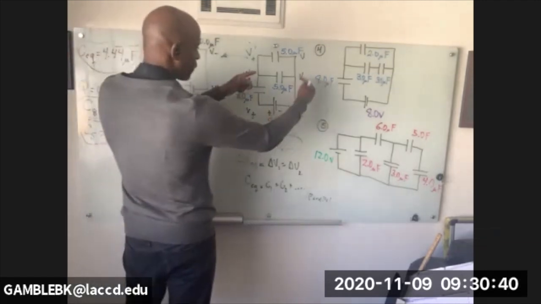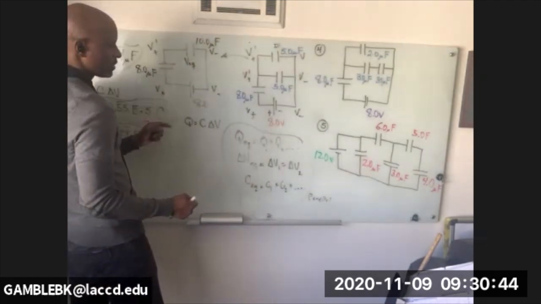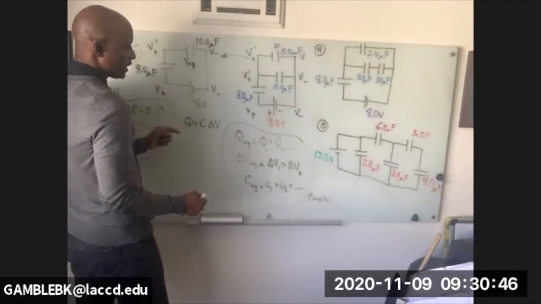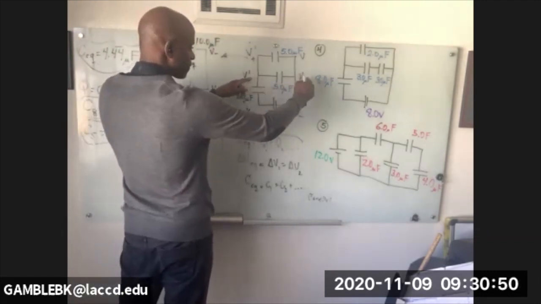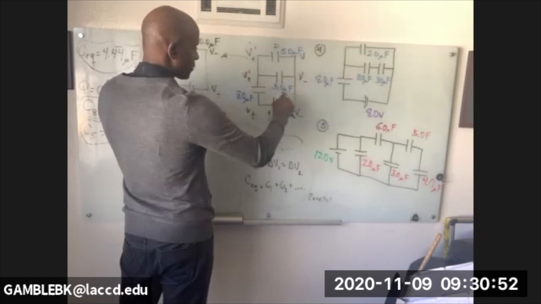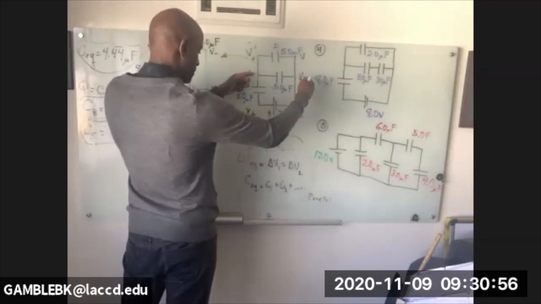But I know that the voltage is the same across each capacitor. That was the first thing that I determined. So in this capacitor, the charge is going to be 5 times the voltage.